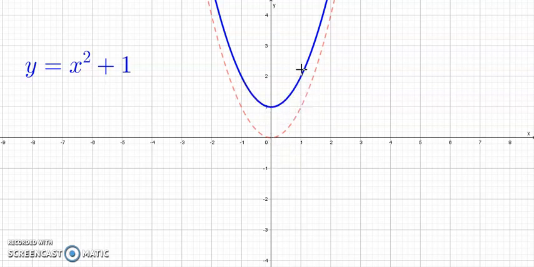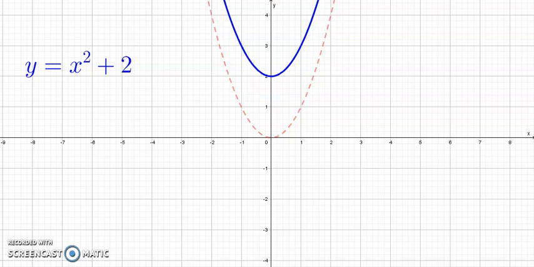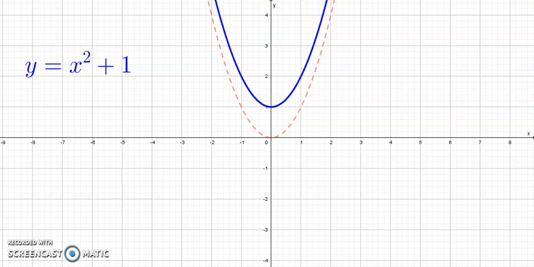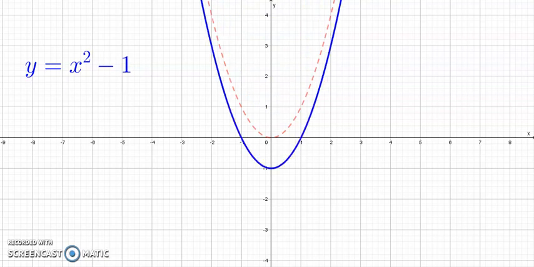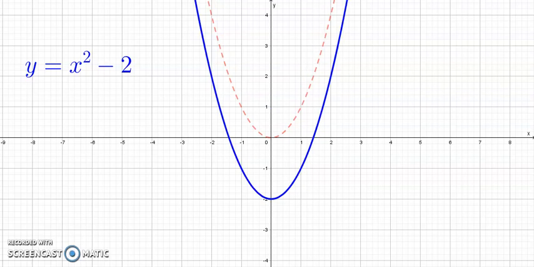This one moves up to 2. That guy formerly at 4 is now going to move up to 5, and so on. And if I say plus 2, then my graph moves further up, plus 3, further up, and so on. And if I am to go into the negatives, then we have something like that.